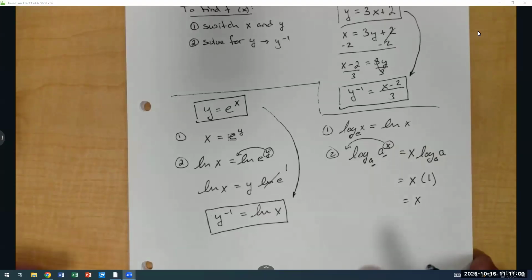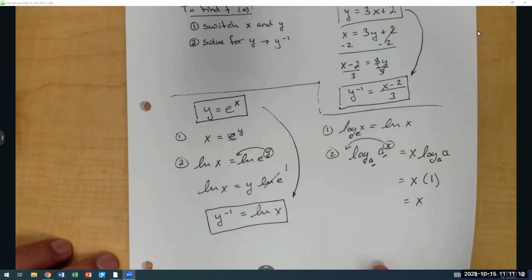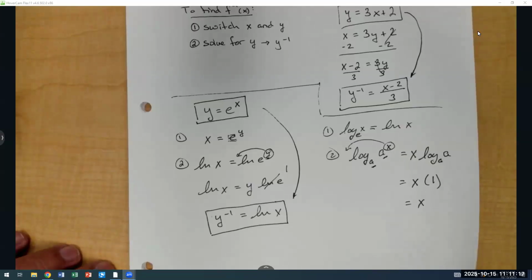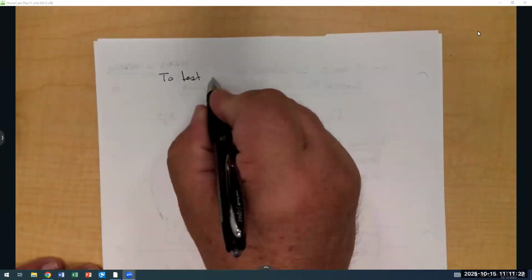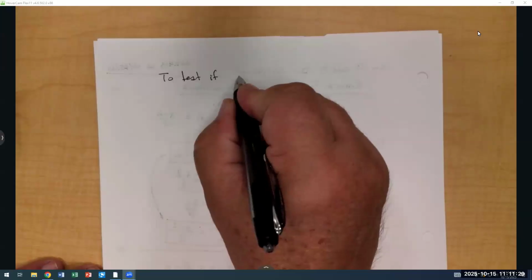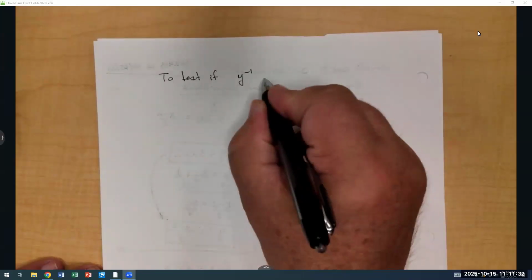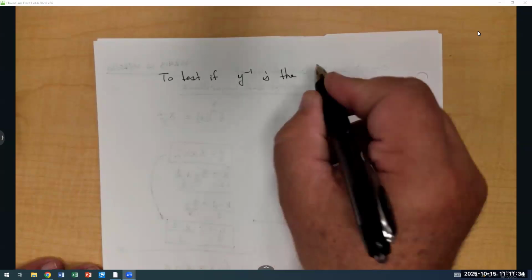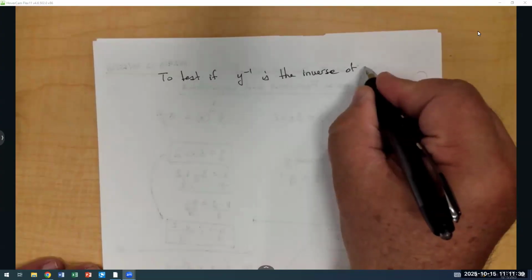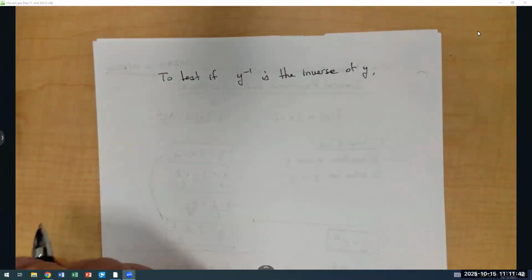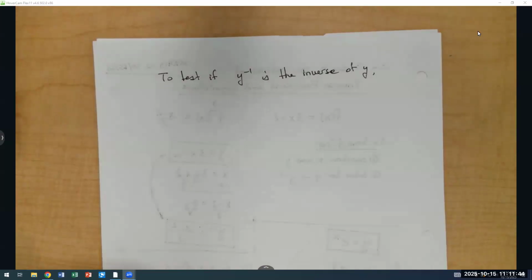Okay, so that's the mechanics of finding the inverse function. How do we test to make sure they're valid inverse functions? To test if they are inverses, anybody remember how to test that?